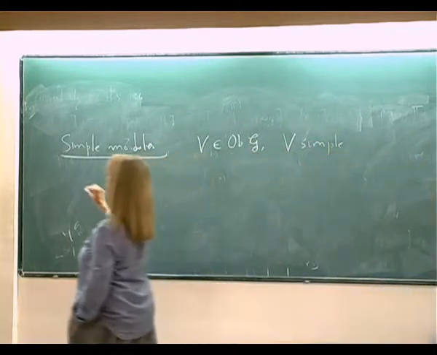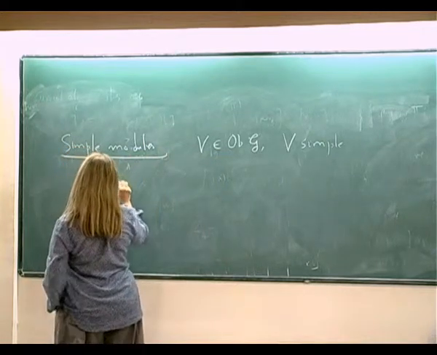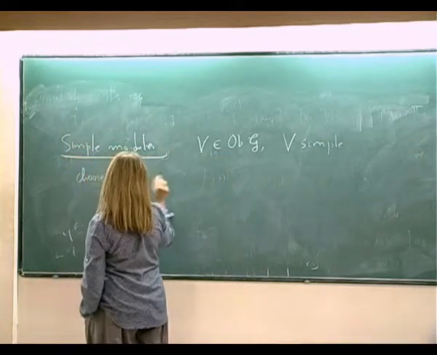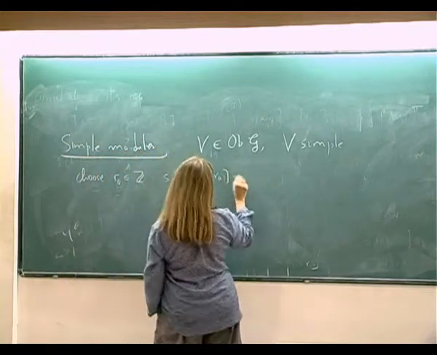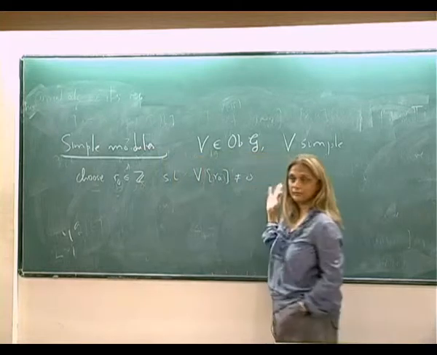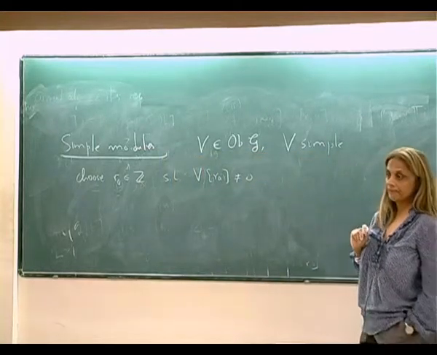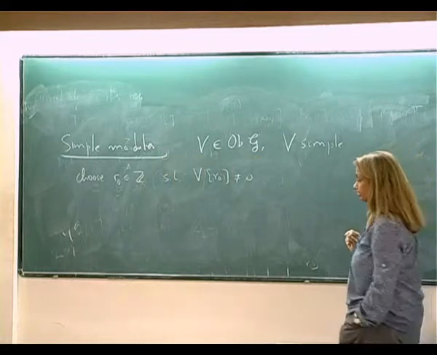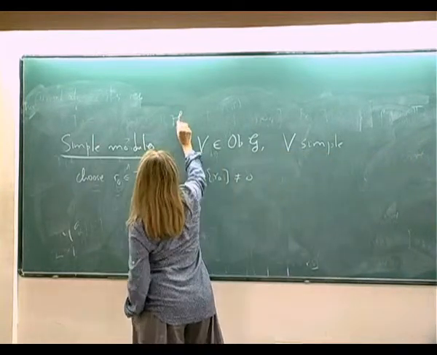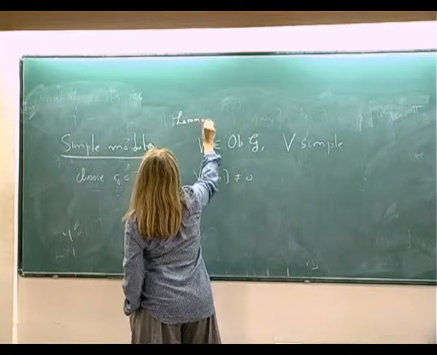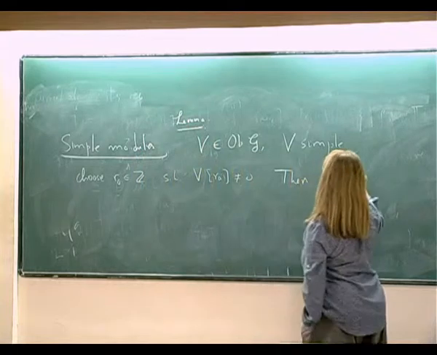So choose R0 in Z such that VR0 is non-zero. You should be able to choose that, otherwise the object was 0, right? And then lemma. Then V is equal to VR0.